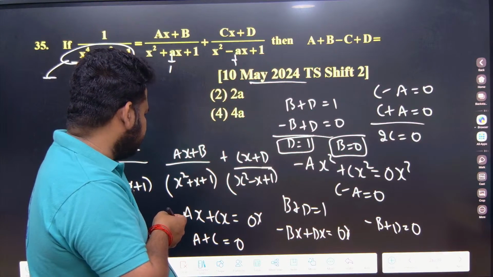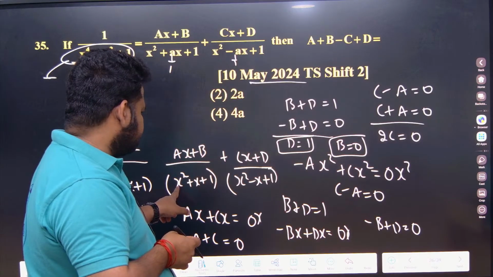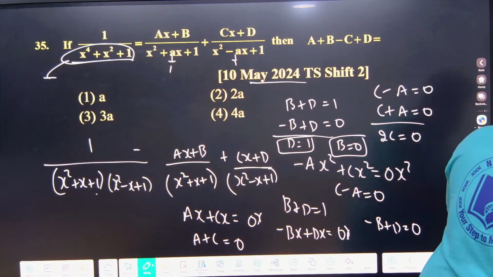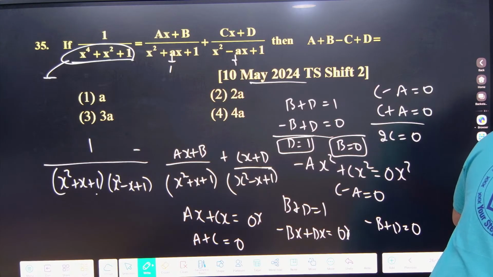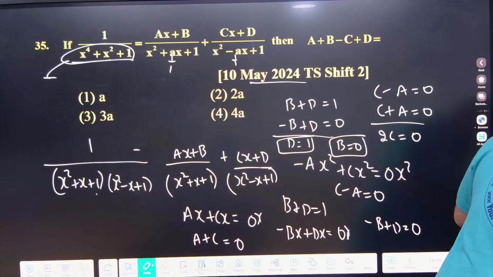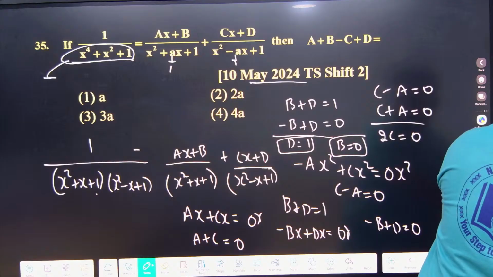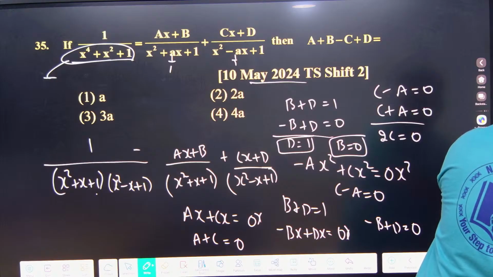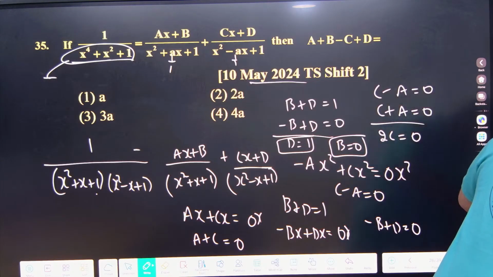So cx into x cube, ax into x cube. Let me check the question once.